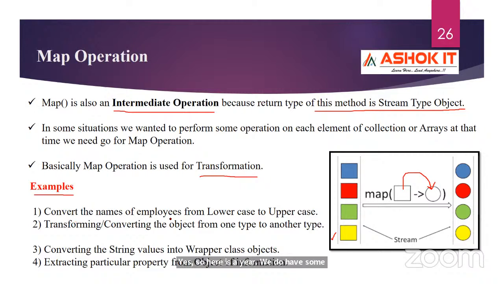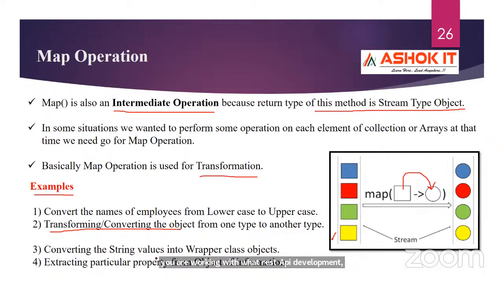Converting the names of an employee from lowercase to uppercase, or converting an object from one type to another, like a user object to user DTO, or a customer object to customer DTO, or customer DTO to customer object. Such transformations are required when you are working with REST API development.